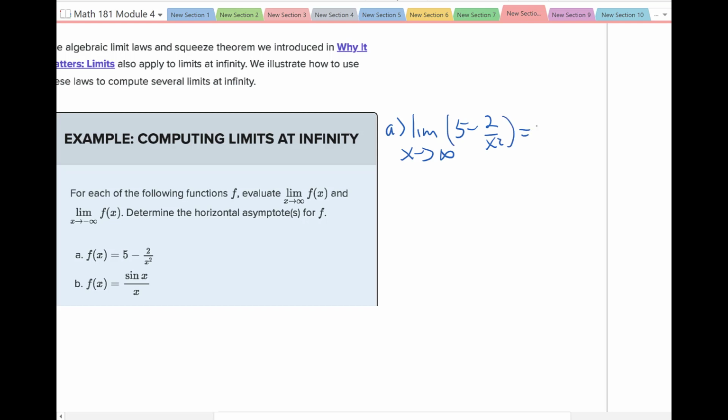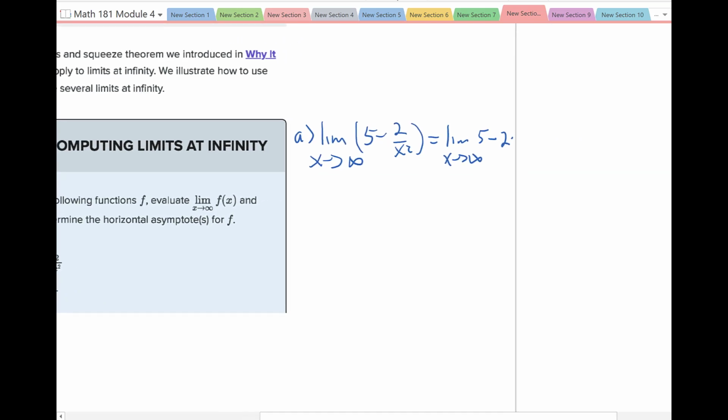That's the limit as x approaches infinity of 5 minus 2 times the limit as x approaches infinity of 1 over x times the limit as x approaches infinity of 1 over x. So what's this going to give us?